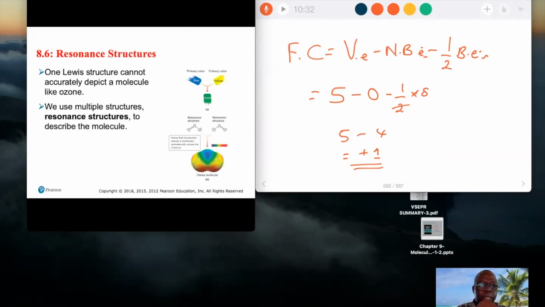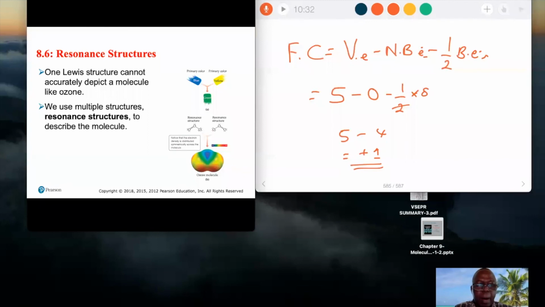Well, I don't want to get into details on that. What I want to mention on this, resonance structure, I've explained the reason why we calculate formal charges for atoms in a molecule or polyatomic ion: it is to determine the most plausible structure when you have resonance structures.